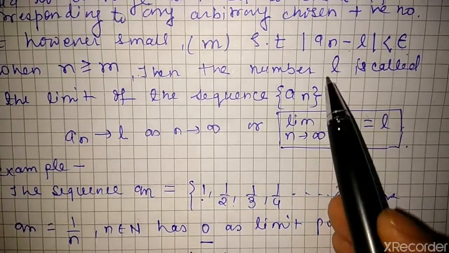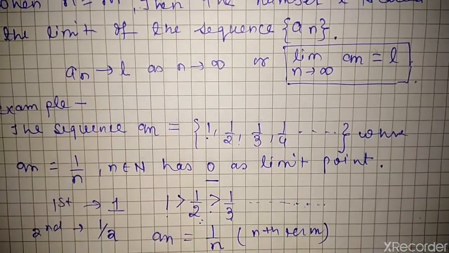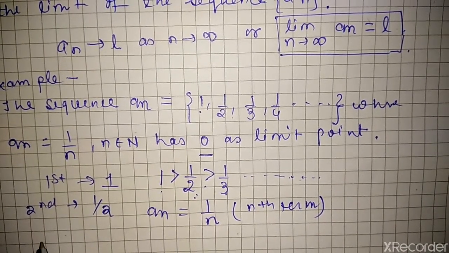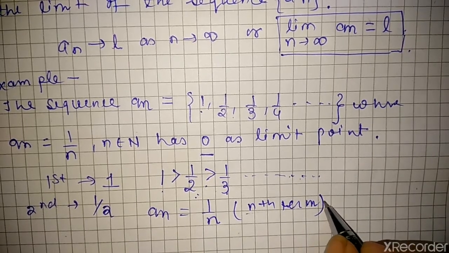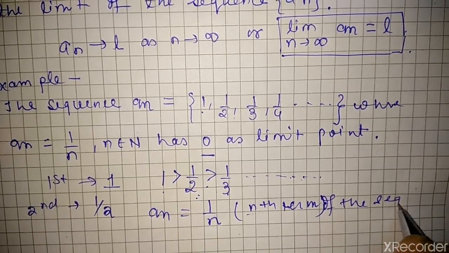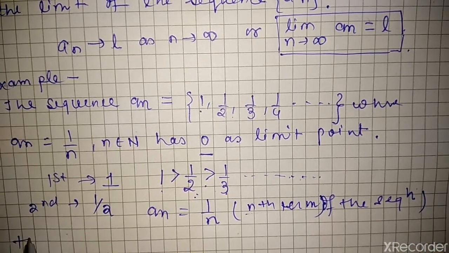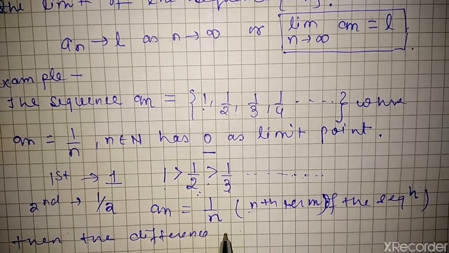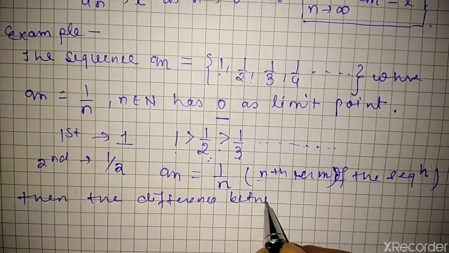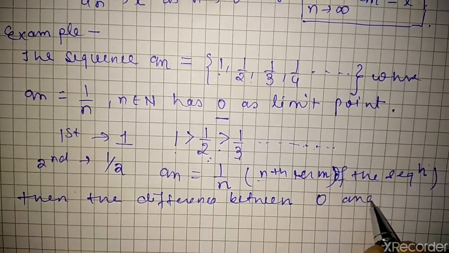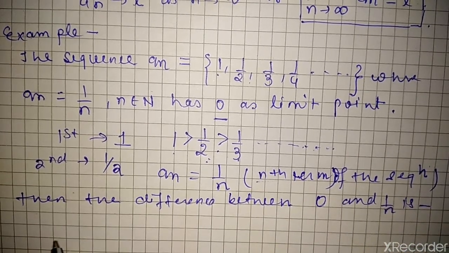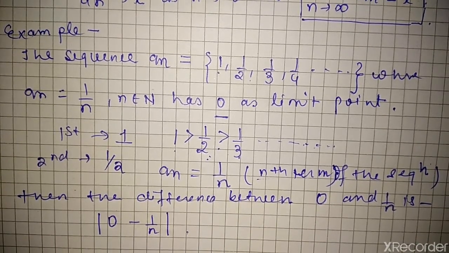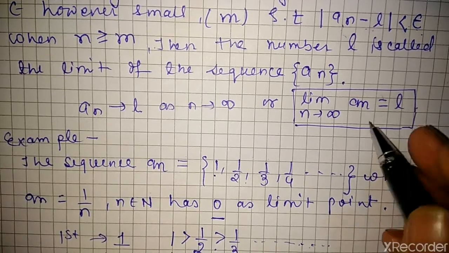Then we have to take the difference, that is, mod of an minus L less than epsilon. So let us take the difference between 0 and 1 by n, that is, 0 minus 1 by n. Here it must be less than epsilon.